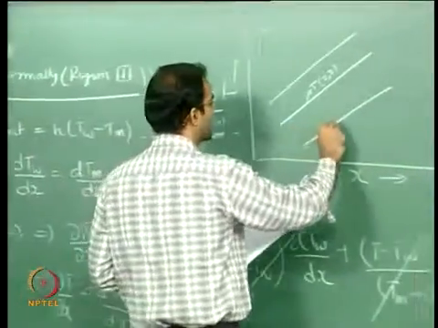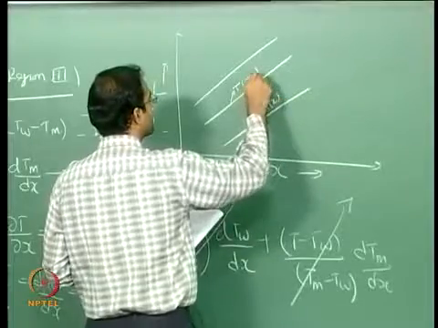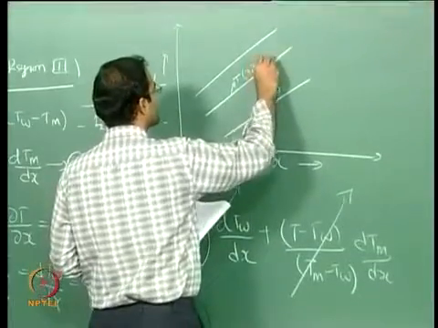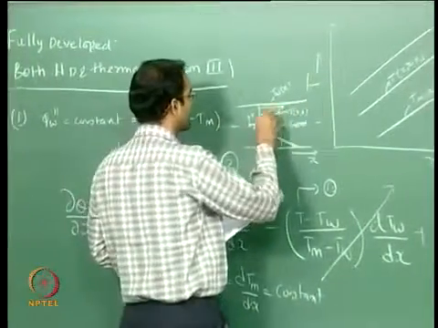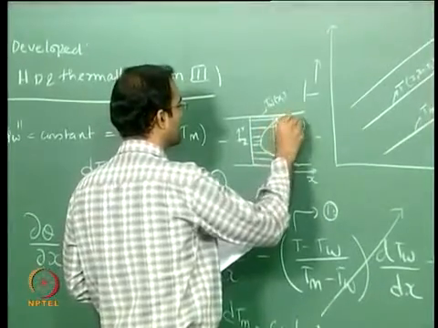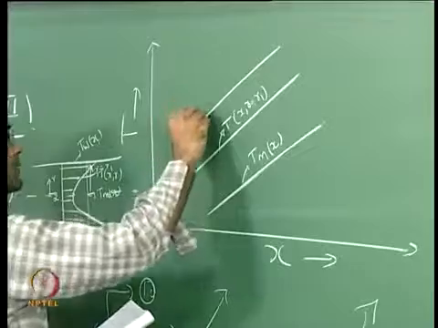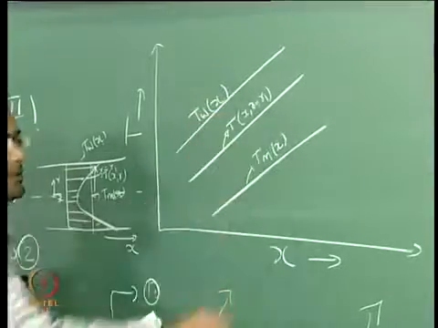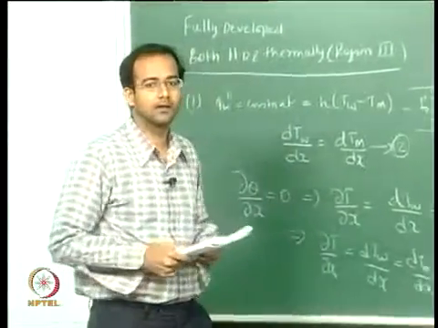So this is at some particular radial location, say r equal to r1, for example. That is the location where I am plotting r equal to r1, and at the wall of course that will be the highest temperature amongst all the three, and that will also vary linearly like this.